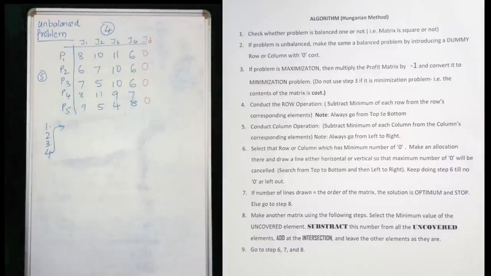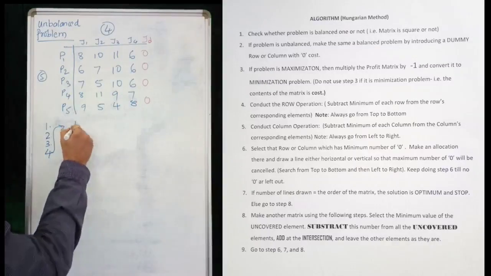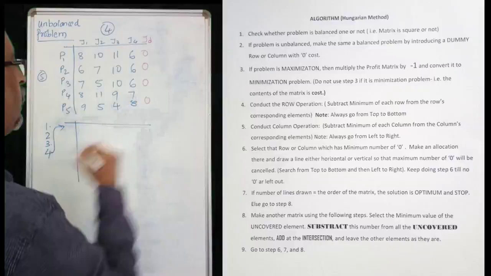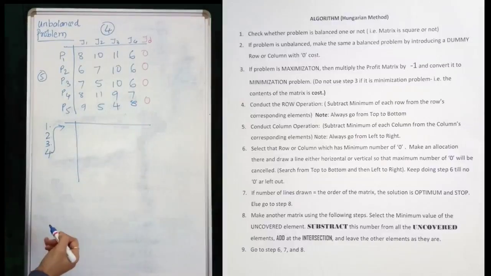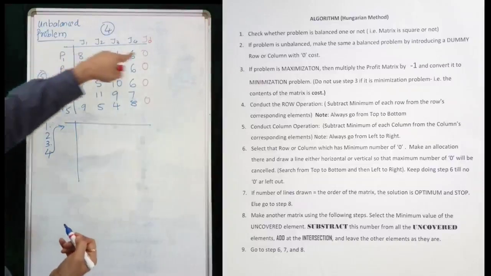So what does step number 4 say? Step number 4 says conduct the row operation, that is, subtract the minimum of each row from the corresponding row. So let me do the row operation. It's very easy. What is the minimum of the first row? It is 0.